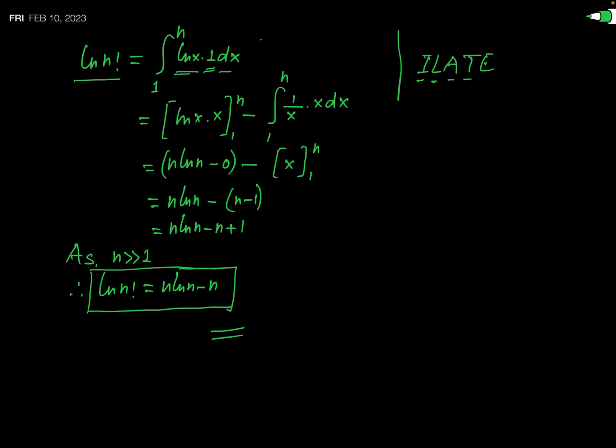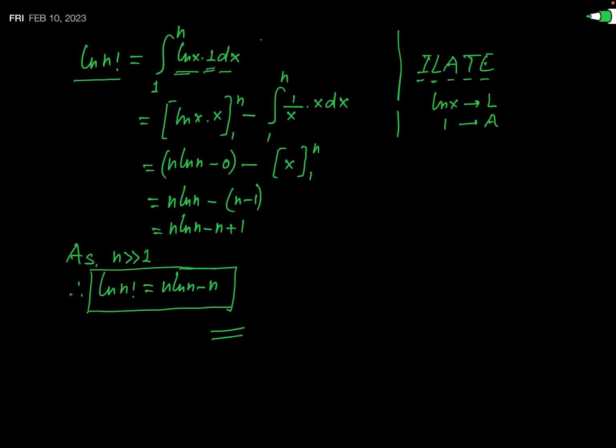Here this ln x is the logarithmic function, L, and 1 is an algebraic function, that is A, and L comes before A. So for following the rules of integration by parts, we should take ln x as the first function and 1 as the second function. Have you understood? ln x will be taken as the first function and 1 will be taken as the second function.